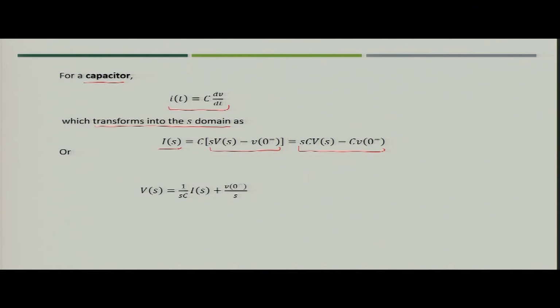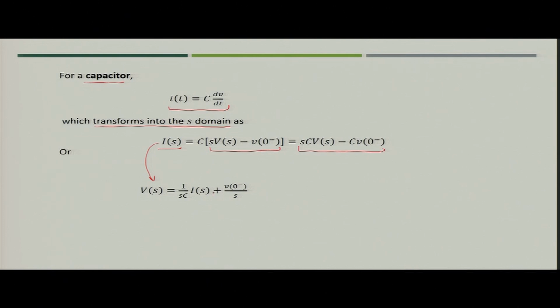Now, in the same way, if you rearrange this expression in terms of voltage V(s), you can simply write V(s) is nothing but 1 upon sC into I(s) plus v at time t equal to 0, divided by s.